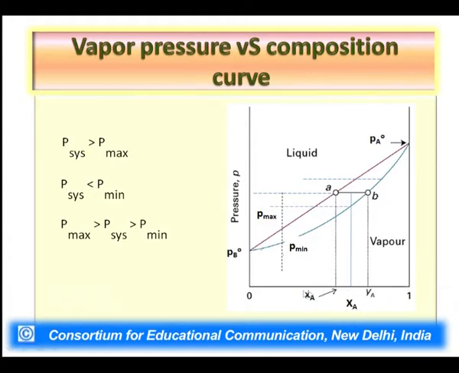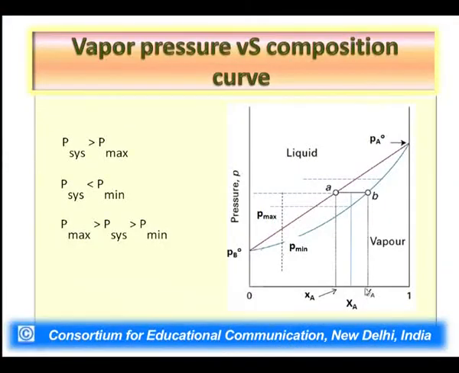Small xa represents the amount fraction or mole fraction of component A in the liquid phase, and small ya represents the mole fraction of component A in the vapor phase.